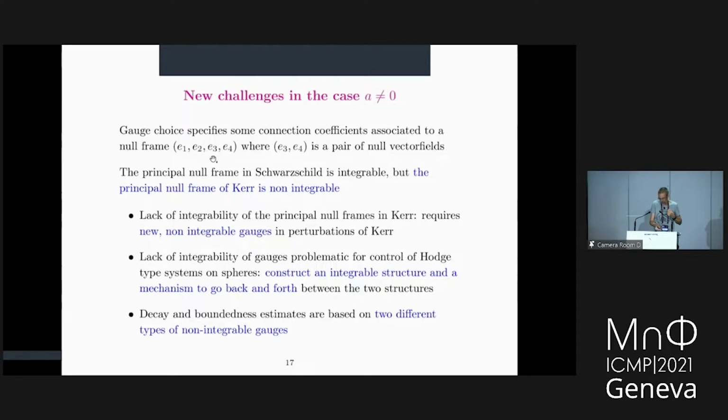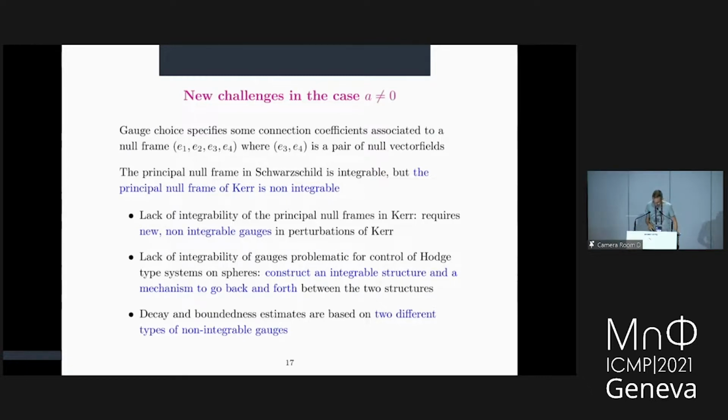Or you could also say, alternatively, that E3, E4 are the generators of the light cones emanating from the spheres. So that's integrable. And this frame would be integrable both in Minkowski and Schwarzschild, but unfortunately in Kerr it's not integrable. In other words, the principal null frame is such that E1, E2 do not span the tangent space of any manifold. In other words, they do not satisfy the standard Frobenius test, in fact, if you want.